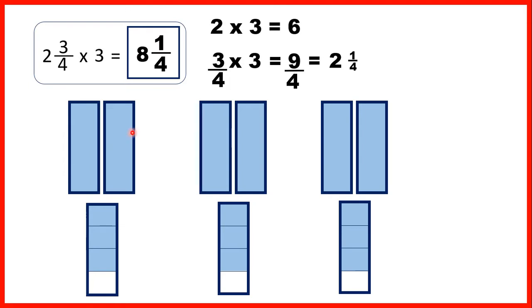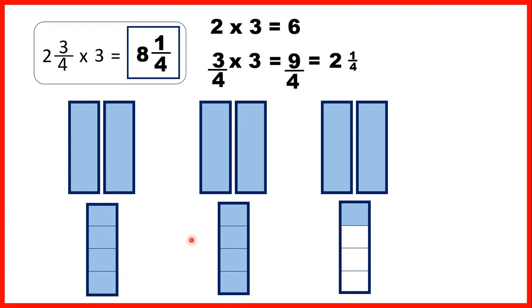Well, look at the whole numbers. We've got 6 whole fraction bars, so that's our 6. And then, remember, each of these sections is a quarter, and altogether we've got 3, 6, 9/4. So that's our 9/4. But look what we can do. We can regroup.